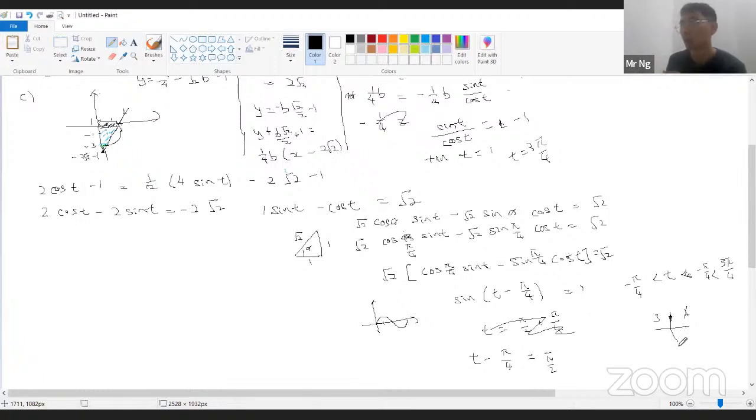Then again, what is this? So t equals to pi over 3. Let me calculate sine pi over 3 minus cosine pi over 3.